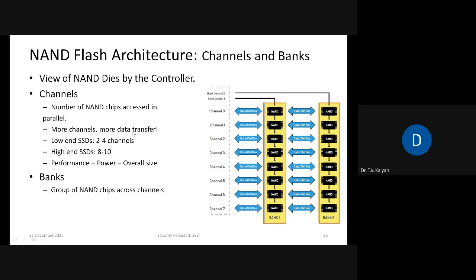The number of channels and banks will be based on the SSD that is being built. Typically, low-end SSDs have 2 to 4 channels, while high-end SSDs can have 10 channels. The decision on channels and banks is based on performance, power, and the overall size that can be accommodated.